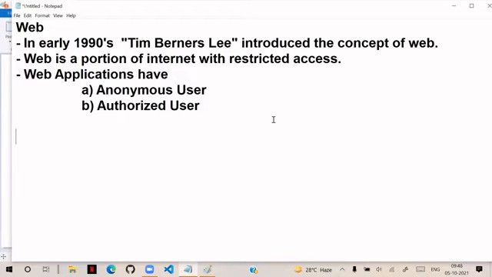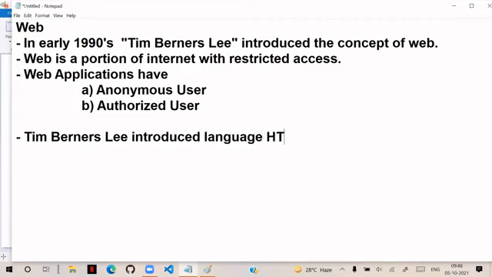Web. The concept of web was introduced by Tim Berners-Lee. Not only web, Tim Berners-Lee introduced the language HTML. Web uses this language. Detail about this language we will discuss in the next level.